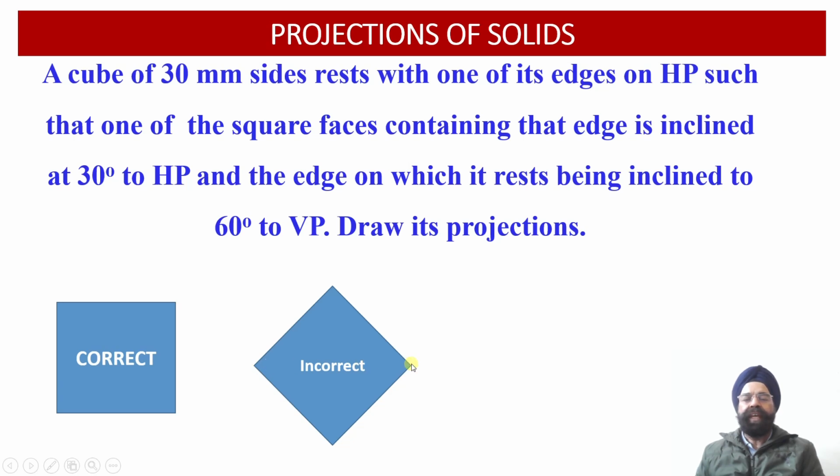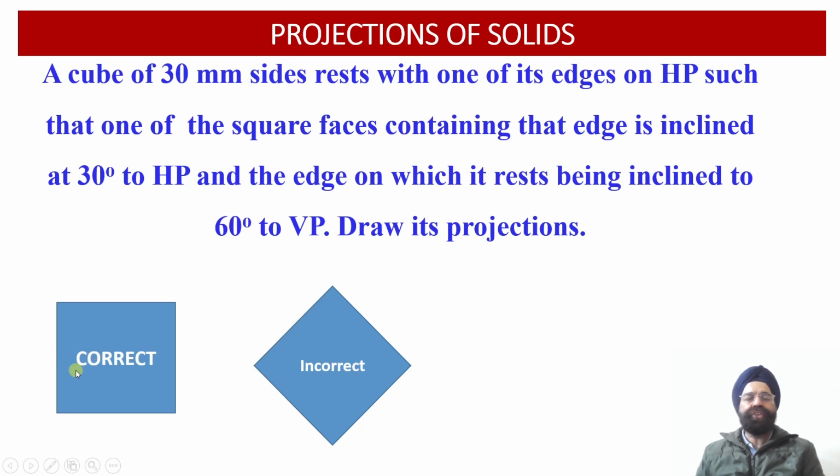So no way will the solid, when it is inclined with respect to the horizontal plane, be resting on one of its edges on the horizontal plane. So this is the incorrect orientation of the solid onto the horizontal plane.